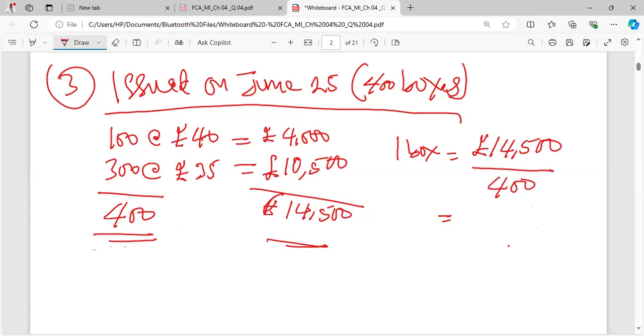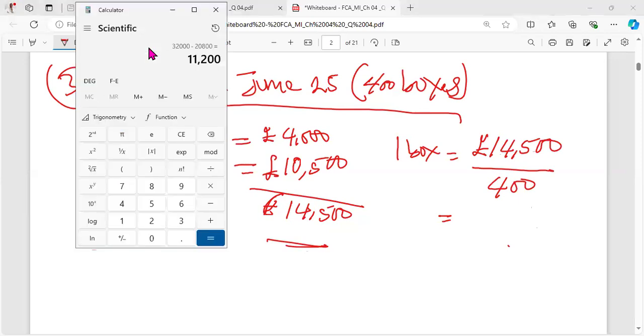Let's see how much that will give us. 14,500 divided by 400 gives us 36.25.